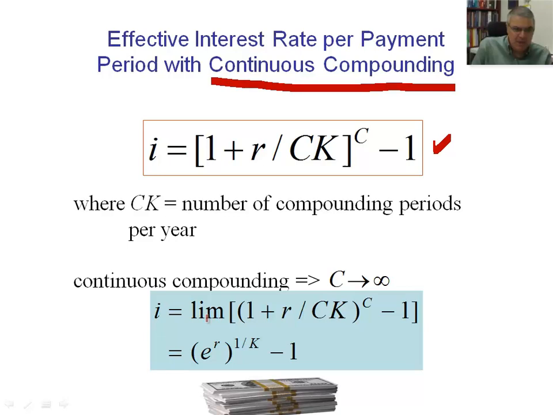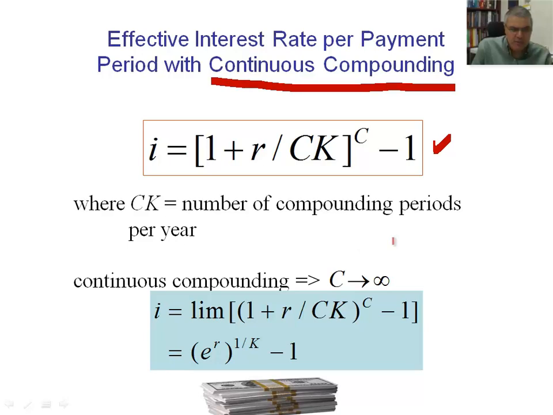So it would be the limit of (1 + r/(ck))^(c) minus 1. As c approaches infinity, we take the limit of this equation, and the limit would be (e^r)^(1/k) minus 1.